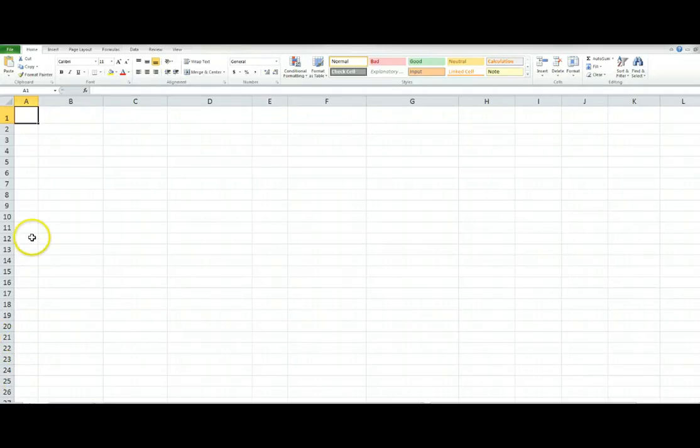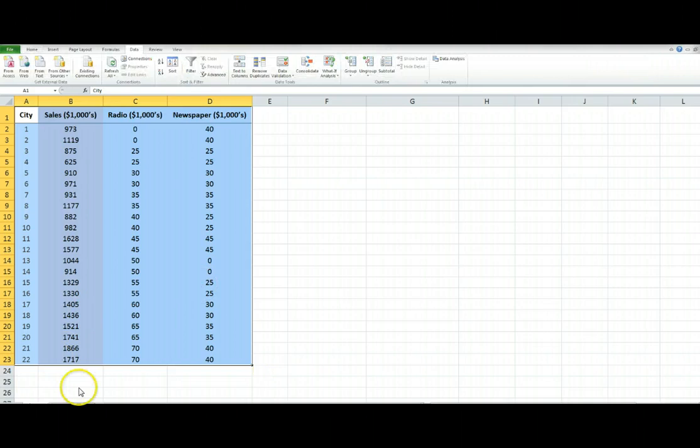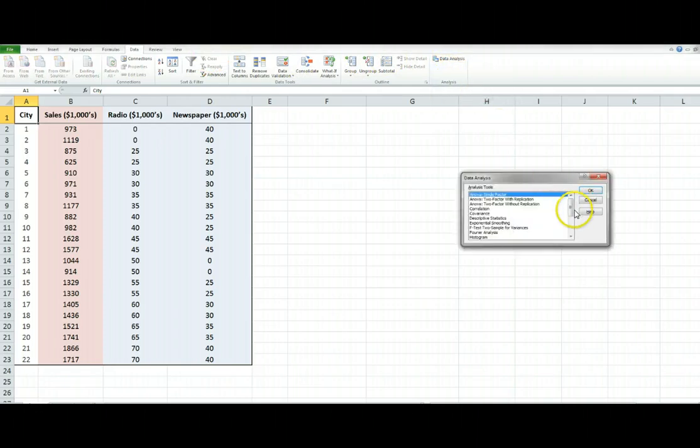Let me paste in the data. I also formulated some of these columns. Let's go through the two variable regression. Data analysis. Looking for regression. Here we are.